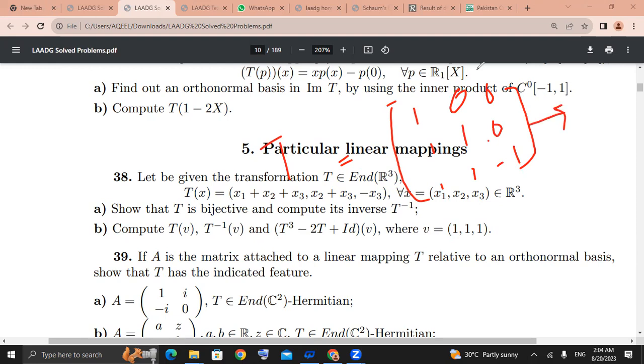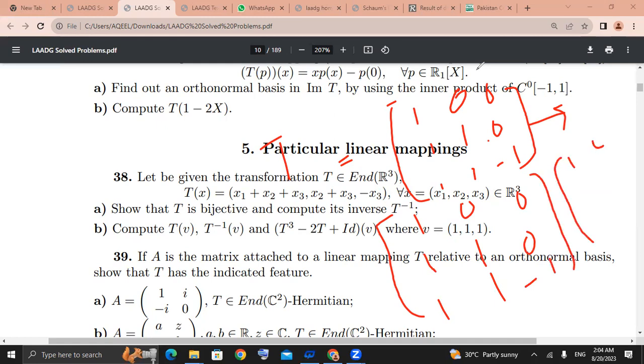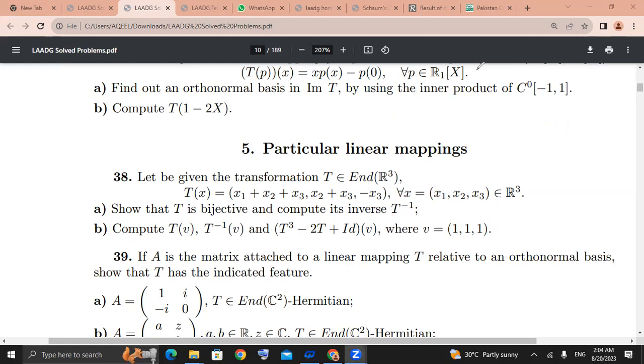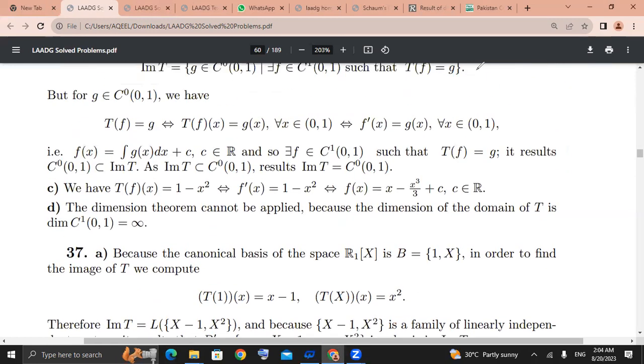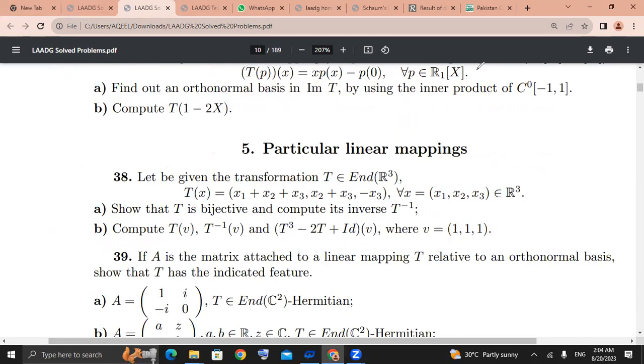As I told you how to take the inverse, we write this matrix alongside the identity matrix, and our task is to make this matrix the identity, and then the other matrix is called the inverse. Is it clear? Yes. You can find the inverse by yourself, as I have told you.